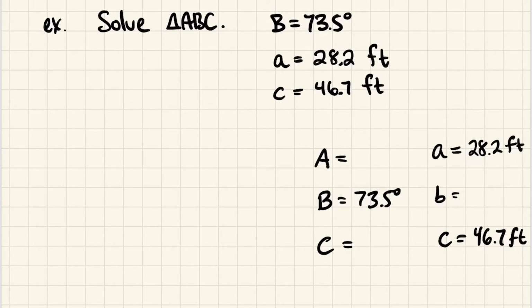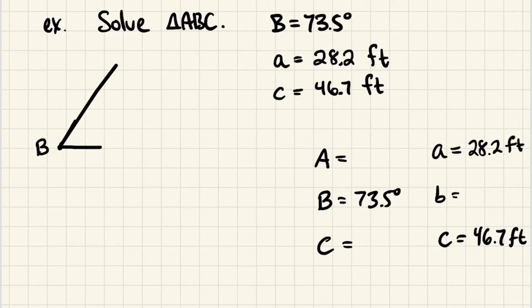Okay, so let's look at this visually by trying to draw this triangle. So usually I put angle A at the bottom left, but this time I think I'll put angle B down here because that's the angle that's given. So an angle of 73 degrees is, well, it's about like that.